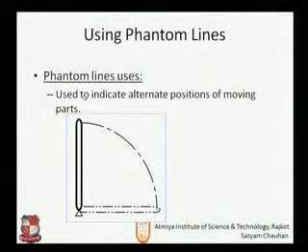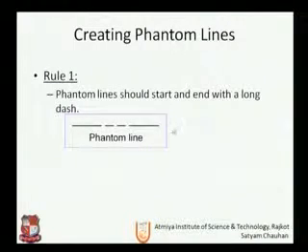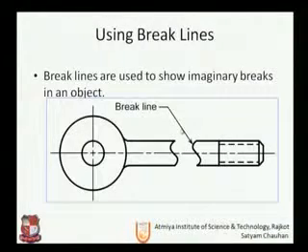Also the phantom line is used to indicate the alternate positions of moving parts. So this part is moving, so we are using the phantom line to show the alternate positions of a moving part. The phantom line should start with the long dash and finish with the long dash, so two dashes will be in the middle.